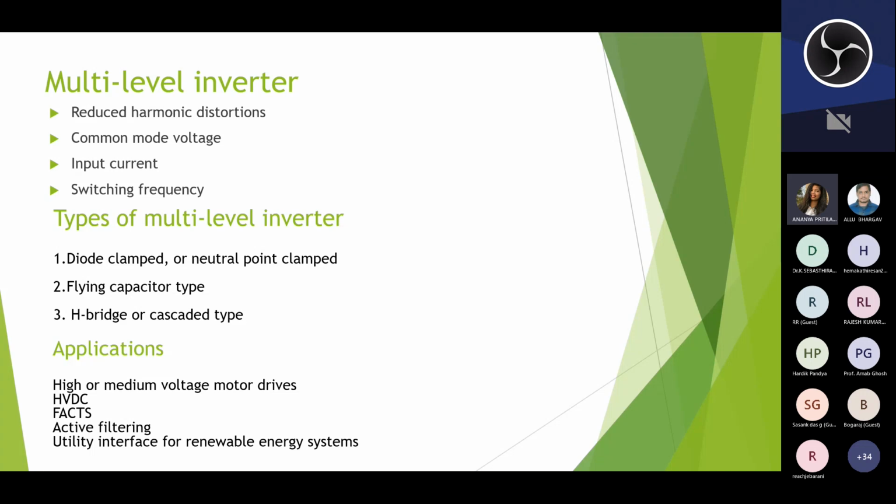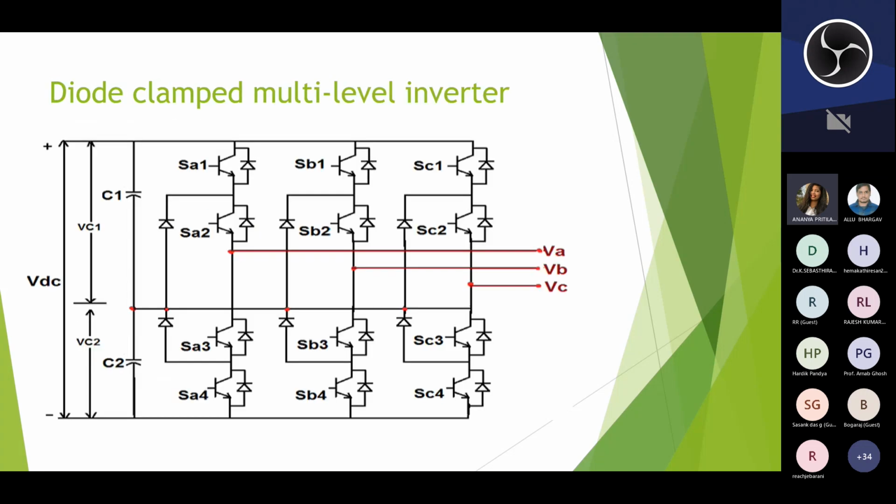So here is the circuit diagram of the diode clamp multi-level inverter. This is the VDC, the voltage source, and two capacitors, VC1 and VC2, are connected.